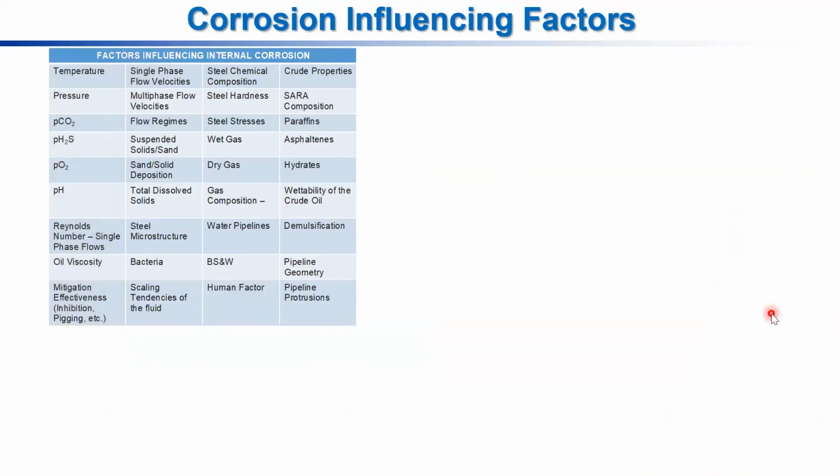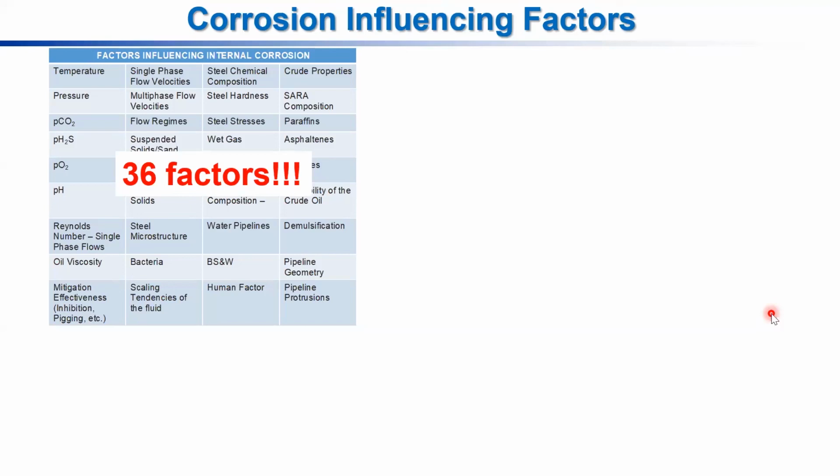Now, what are the influencing factors that drive the corrosion rates? Here I have a table showing some of these factors for internal corrosion, only for internal corrosion. I'm not going to go through them, but here we have 36 factors, ladies and gentlemen, that will influence internal corrosion rate.